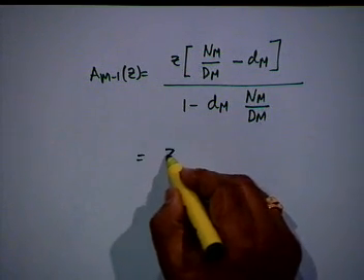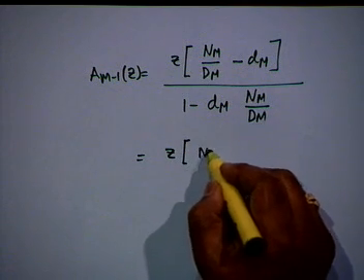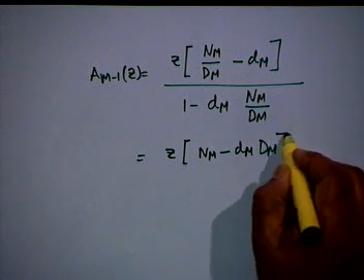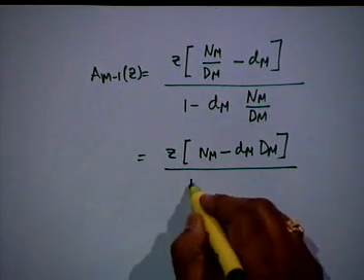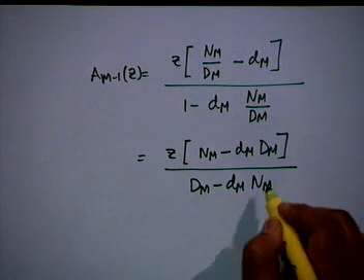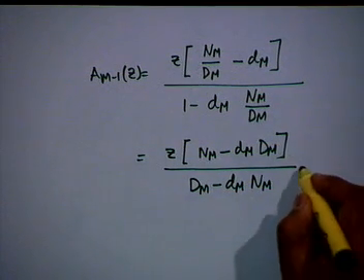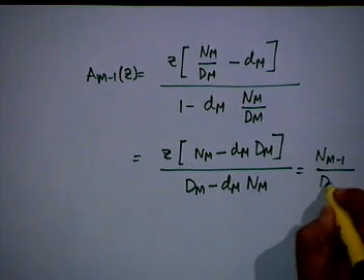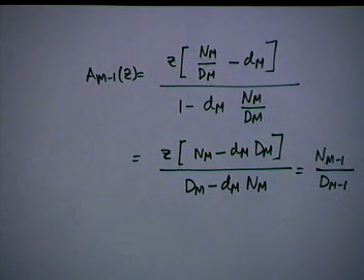So, if I simplify this, I get z (nm minus dm Dm) divided by (Dm minus small dm nm). Agreed? And this is n m minus 1 divided by d m minus 1.